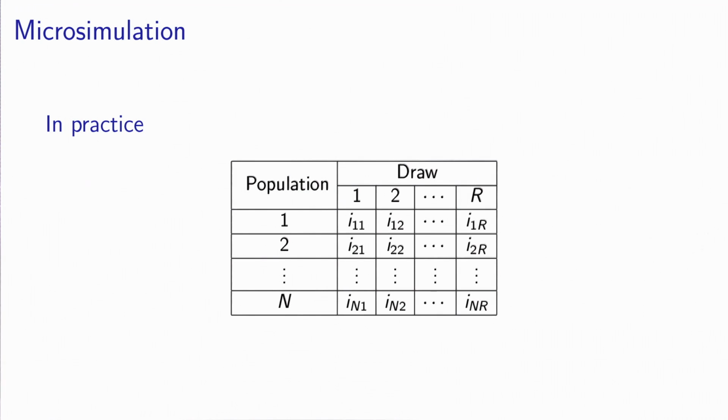And this column only contains the label of the alternative which has been chosen for this draw. Therefore, the complexity of this table is controlled by the analyst, because the capital R is your decision. Even if the number of alternatives is high, you can keep the size of this matrix in terms of number of columns relatively low. And this is the whole point of microsimulation. So this is how we deal with the problem that occurs when this table has too many columns.